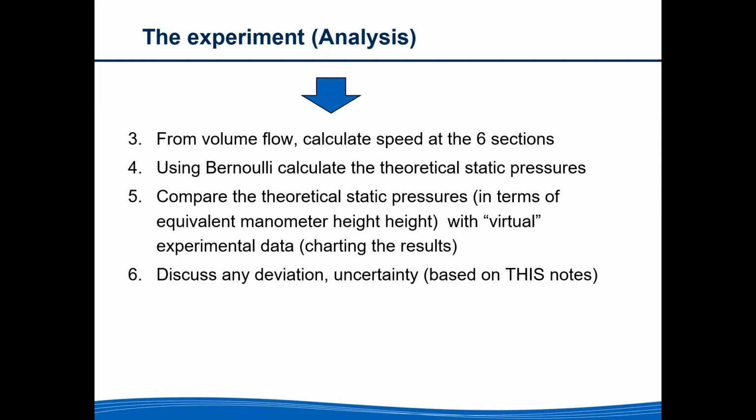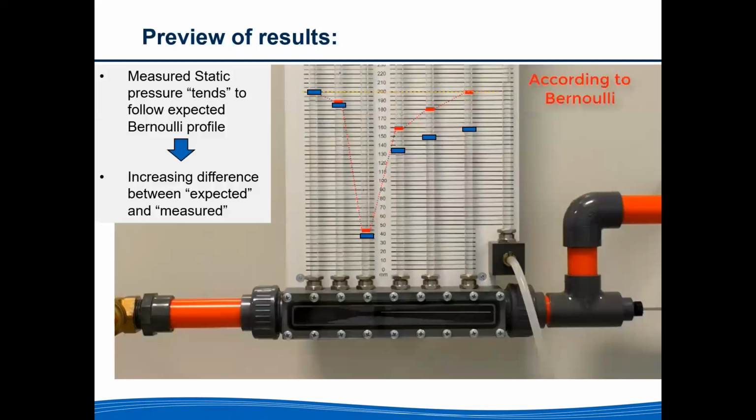In the analysis, like I say, you can calculate the volume flow, and compare the theoretical results in terms of the equivalent manometer height that's already discussed. So a preview of the results, actually. What do we see? According to Bernoulli, we have the red lines, okay?